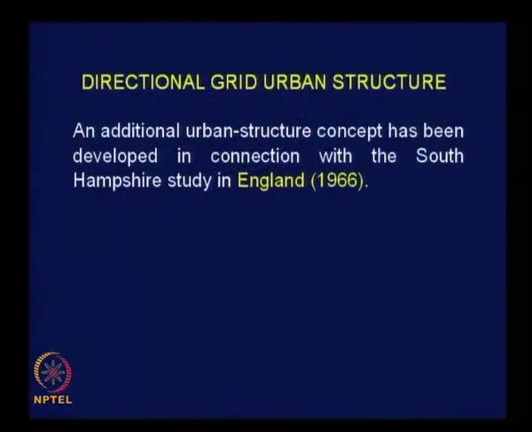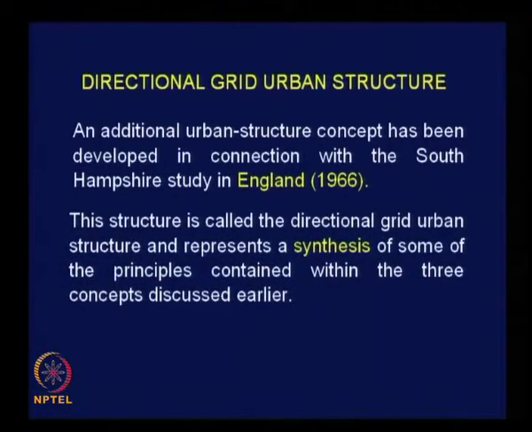And this directional grid urban structure, as indicated here, has been developed in connection with the South Hampshire study in England in the year 1966. At the planning stage itself, they thought of introducing this new concept. It is not totally new, it is a synthesis of the ideas that have been discussed already in the three previous structures.